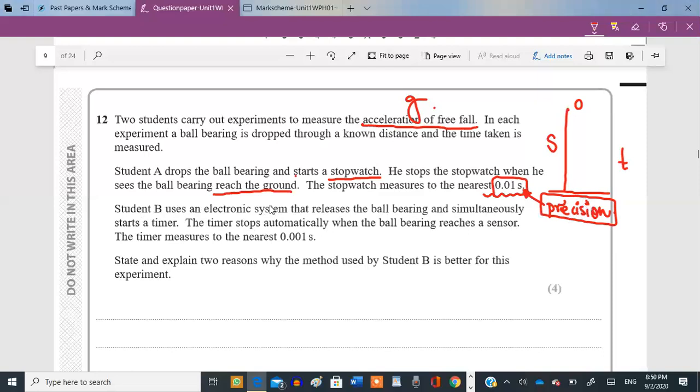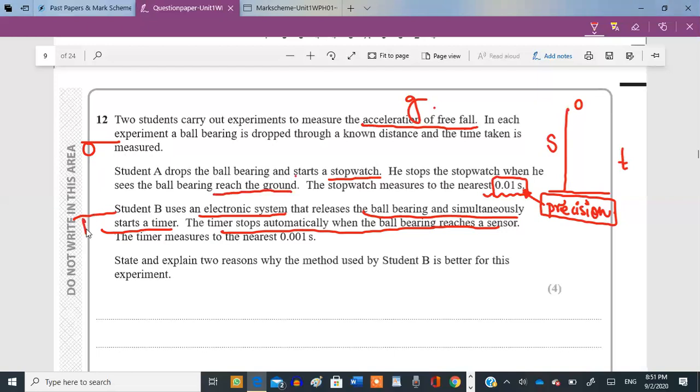Student B uses an electronic system, a more advanced technique, that releases the ball bearing and simultaneously starts a timer. So as soon as that electronic system releases the ball bearing, the timer is started, and the timer stops automatically when the ball bearing reaches the sensor.